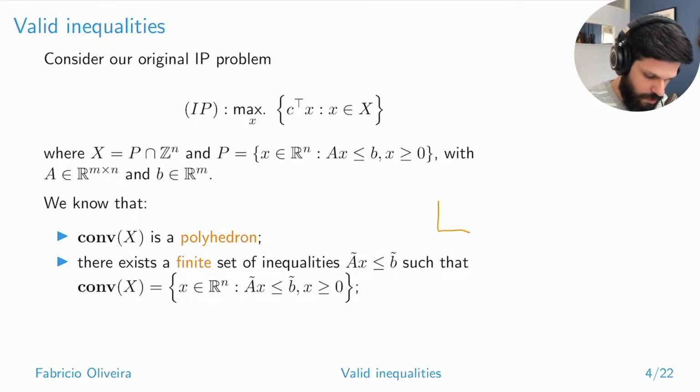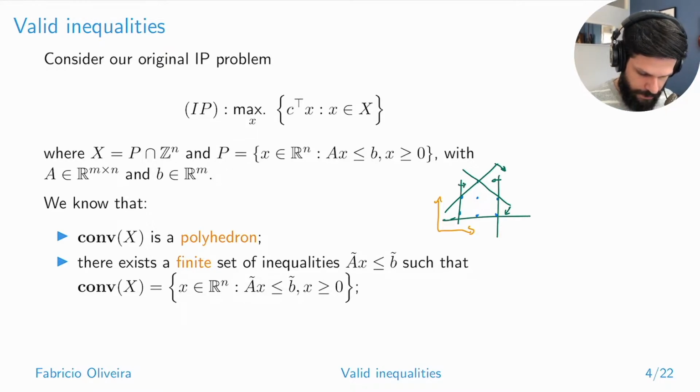If you are in this sort of space where you have your integer points like so, these being X, there is a finite set of inequalities, perhaps this one, then this one, then that one, and that one, for example. And that would devise the convex hull of these integer points. So there is always a finite number of inequalities that you can use to represent that.